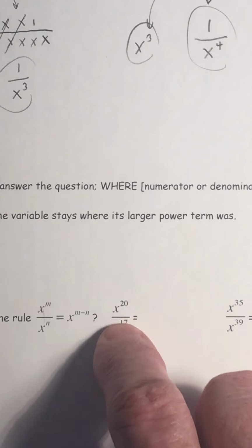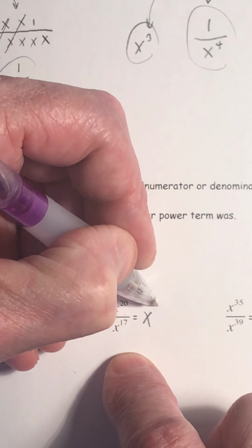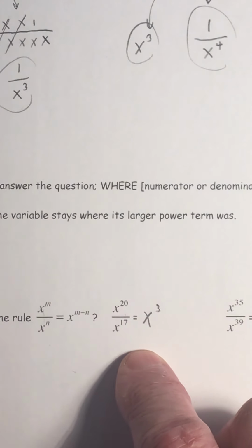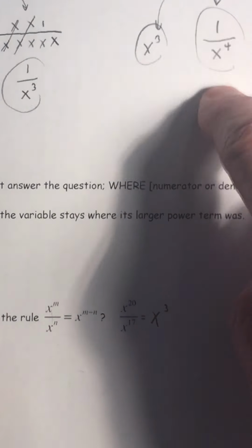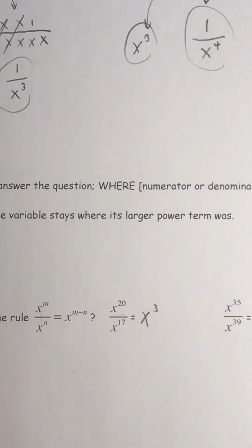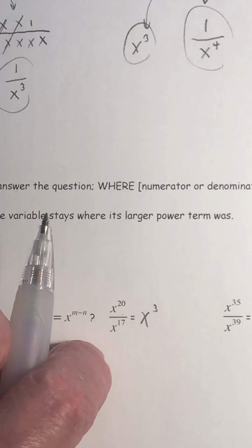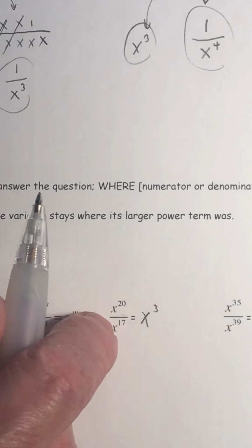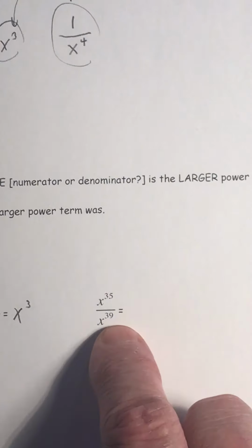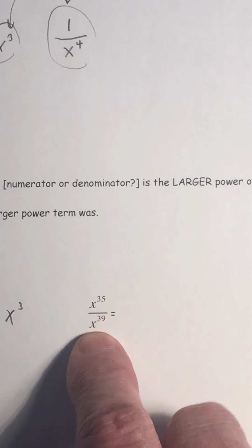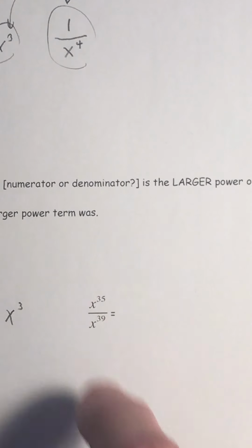So if we do that here, 20 take away 17 is 3. No problem. And that is what we would get looking at this with the approach from higher up on the paper. Bigger powers on the top, so we keep the x on the top and we don't need a fraction anymore, and we subtract 20 take away 17. We get exponent 3. This one we would say, oh, it's on the bottom, so we keep the x on the bottom and we get 1 over x to the 39 take away 35.